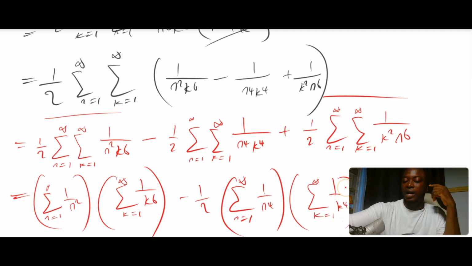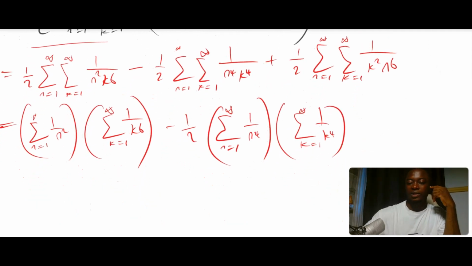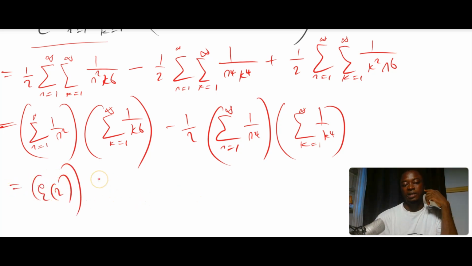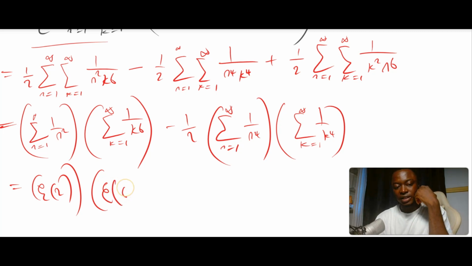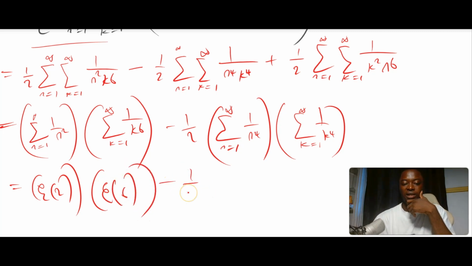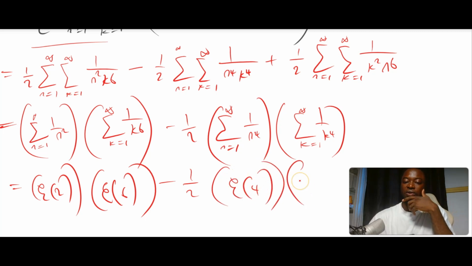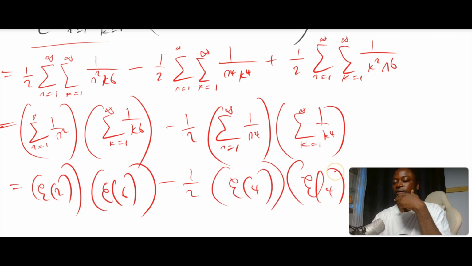Again, we already have defined all of these sums earlier on. This is equal to zeta of 2, this is zeta of 6, and this is zeta of 4, and this is also equal to zeta of 4.